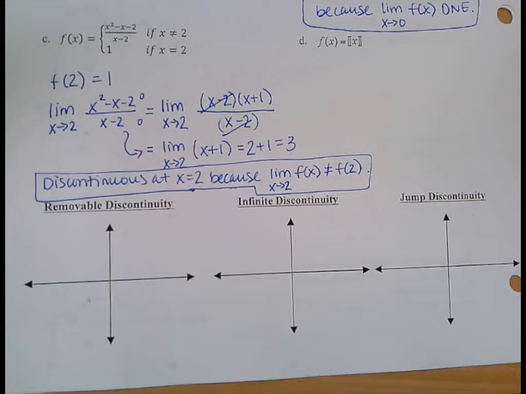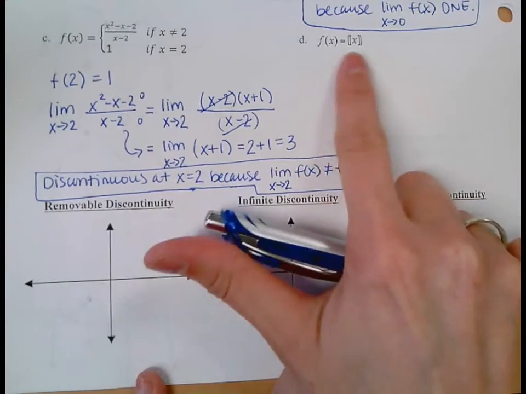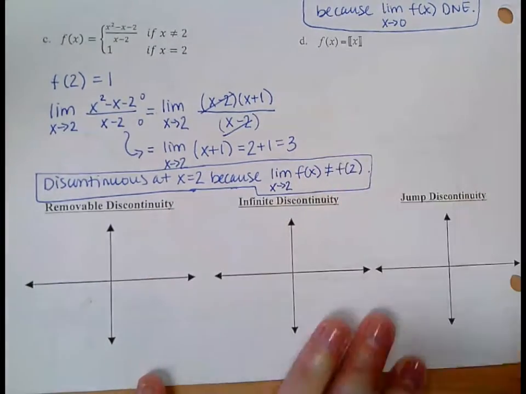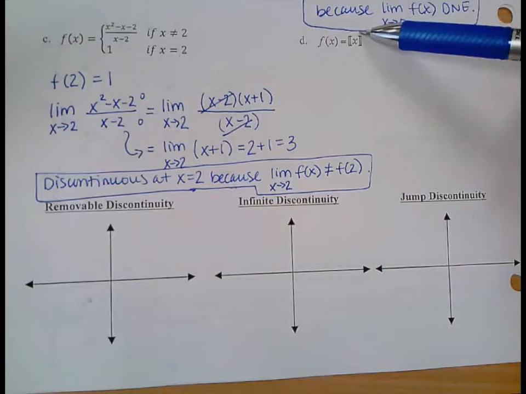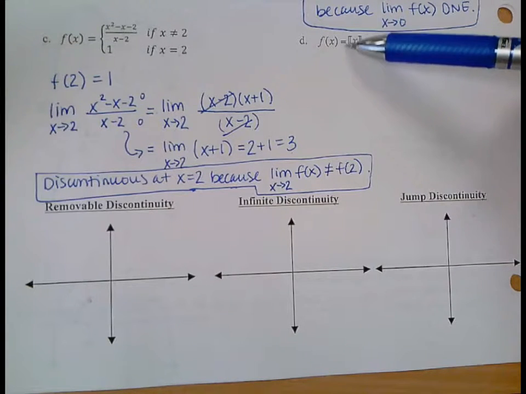Okay, questions on part C? Okay, and then now this one I know I had covered it in the lesson Thursday when I wasn't here. So again, what do these double brackets mean?